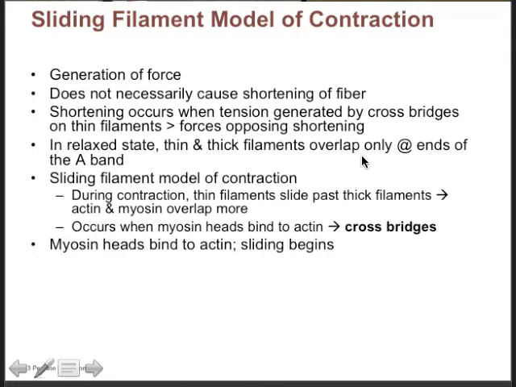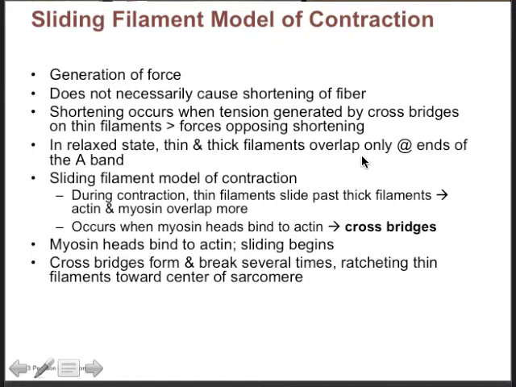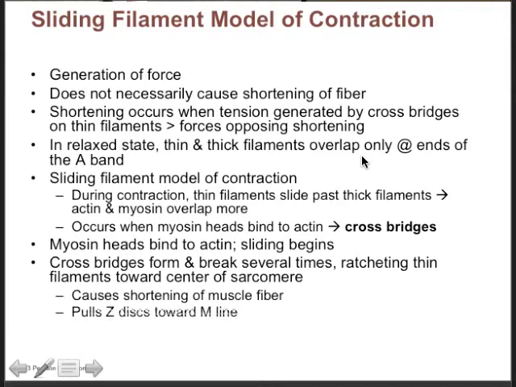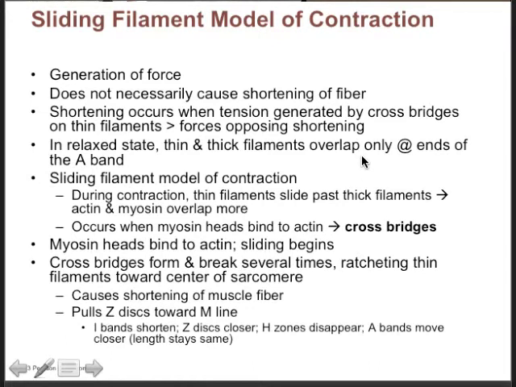The myosin heads bind to the actin and begin the sliding. The cross bridges form and break many times, and this ratchets the thin filaments towards the center of the sarcomere, and this causes it to shorten. It pulls the Z discs towards the M line, and it increases, of course, the overlap between the thick and the thin filaments.